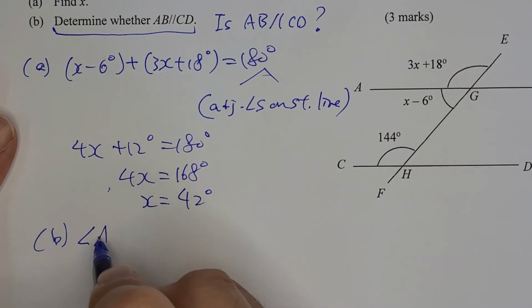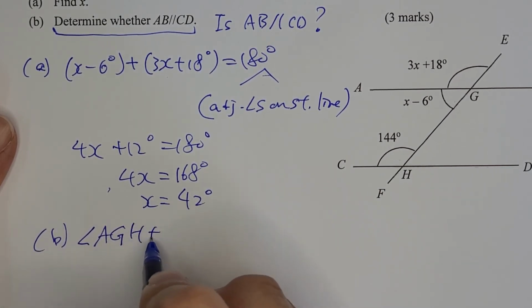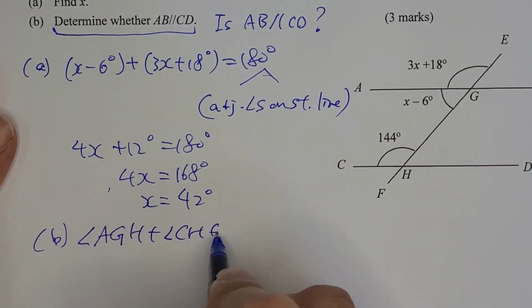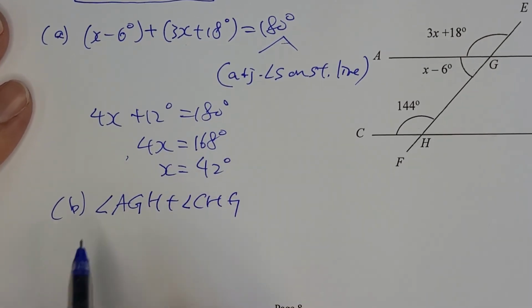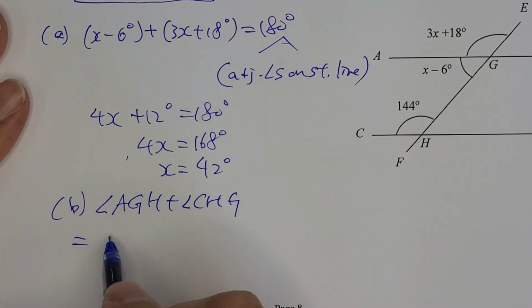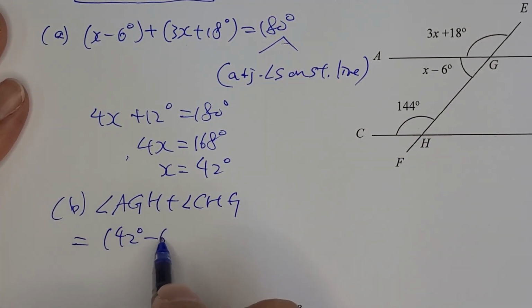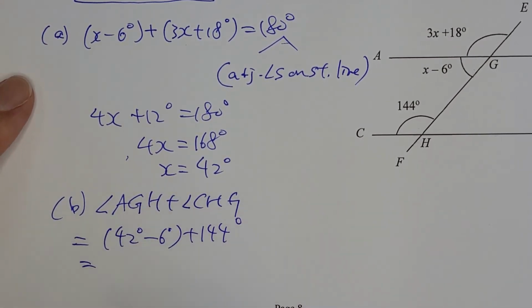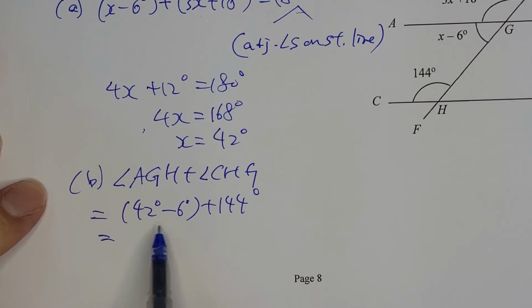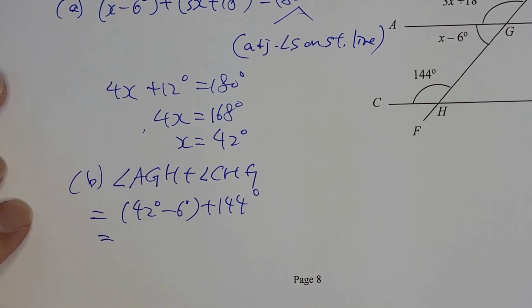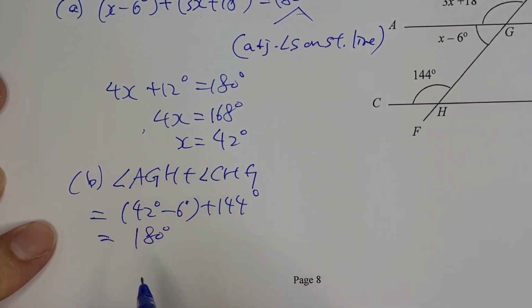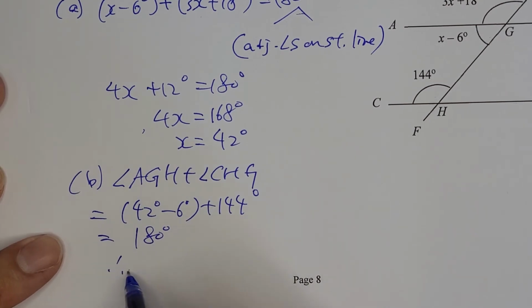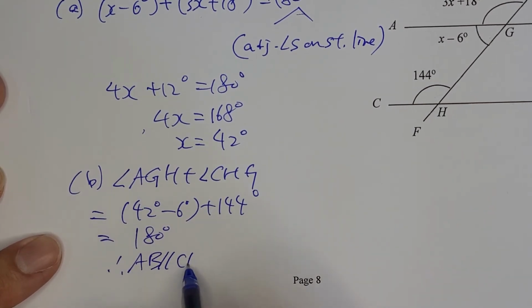Check angle AGH plus angle CHG. AGH, that is 42 degrees minus 6 degrees, plus 144 degrees. And you can easily check that is 36 degrees plus 144 degrees. That is 180 degrees. Luckily, therefore, AB is parallel to CD.